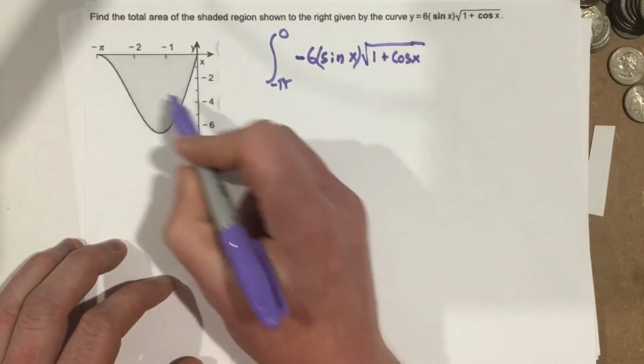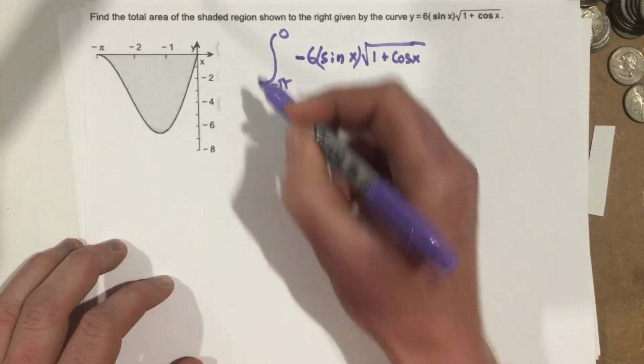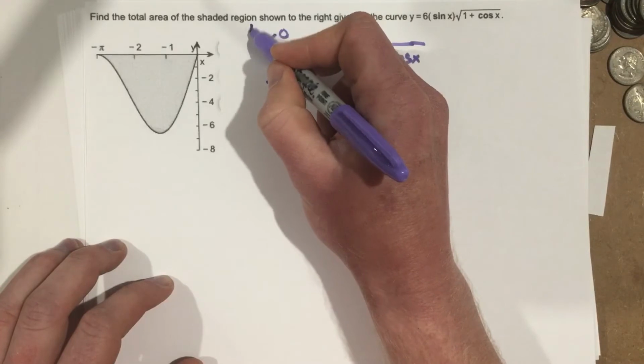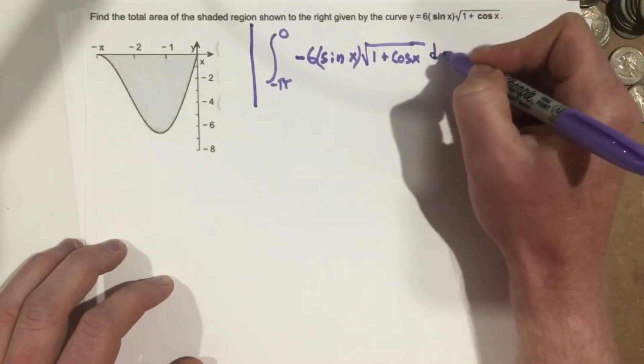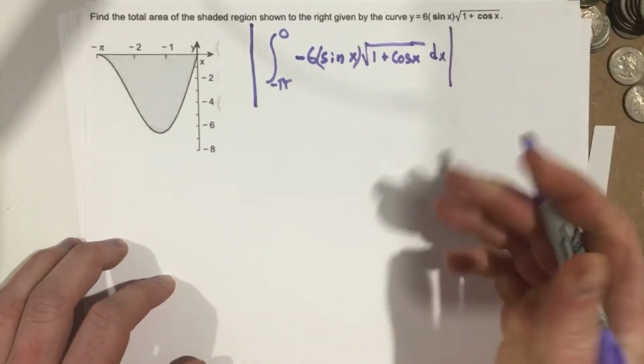Now you don't really need to do that because we're going to end up taking the absolute value of this anyways. So it's kind of a moot point there.